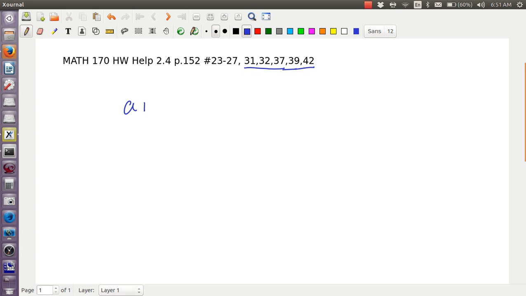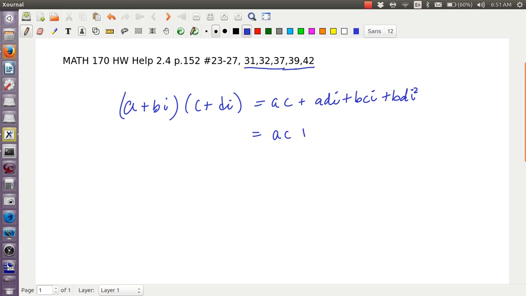So if you have a plus bi times c plus di, what do you think you do? Well, you FOIL it. First, outer, inner, last. So you just treat it like a regular variable at first, but then the problem is, what? You get ac plus bc times i, then you get minus bd, but that means this piece becomes real again.